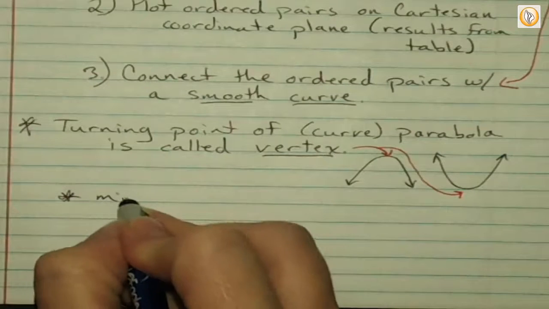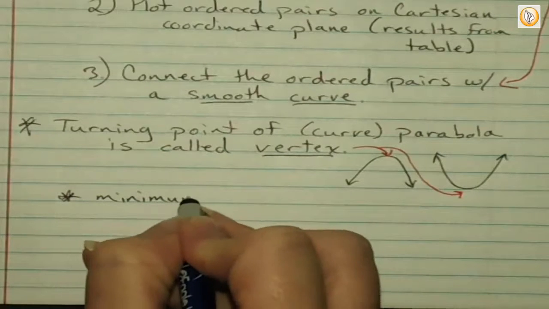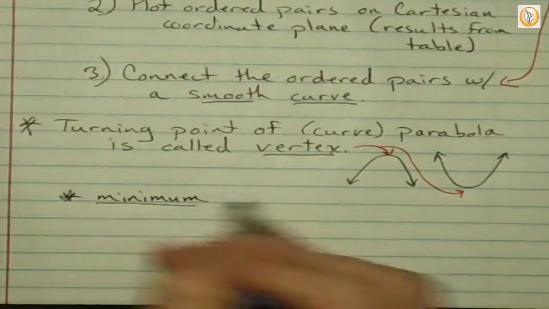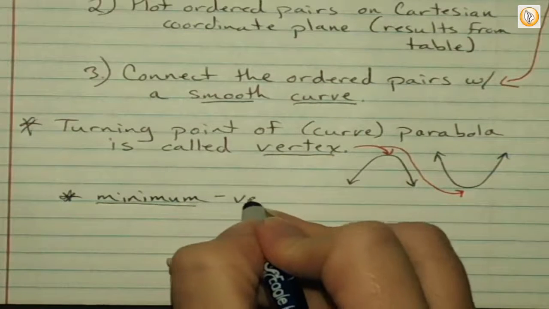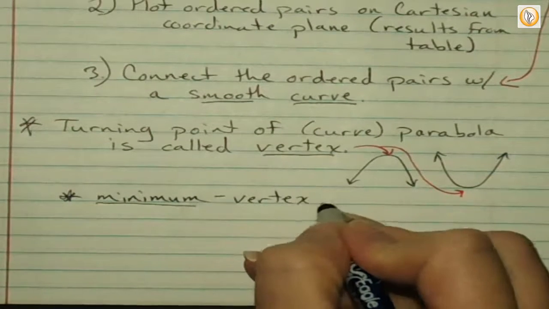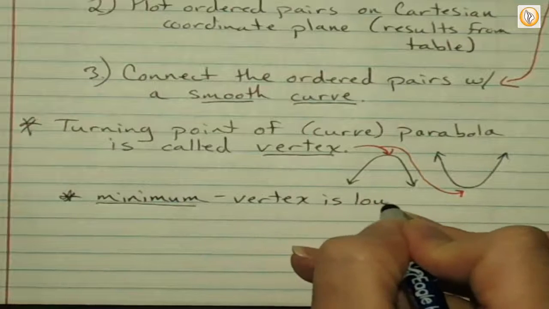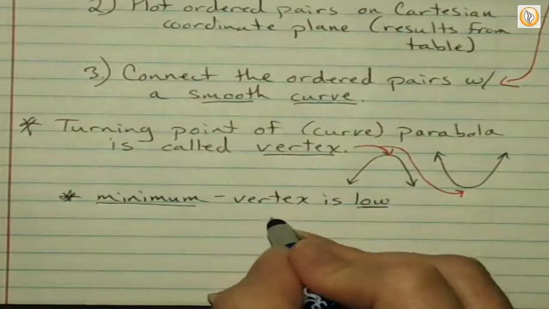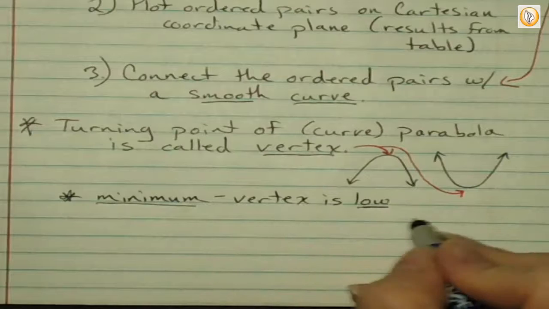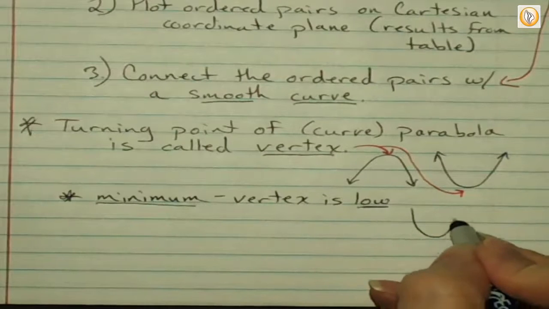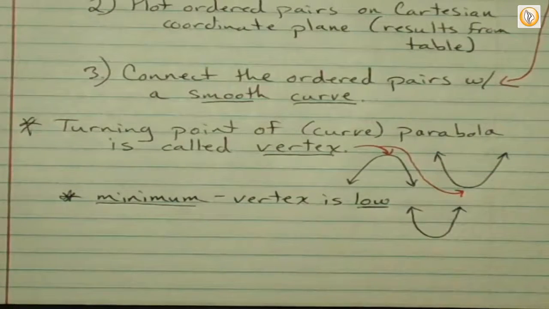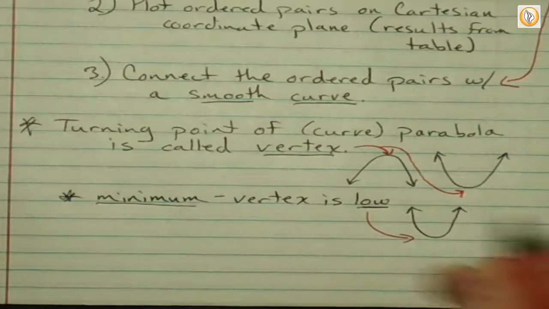If you have a minimum, if they refer to it as minimum, the vertex is low. That would be this.